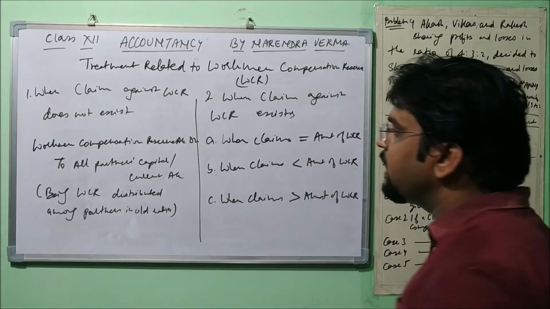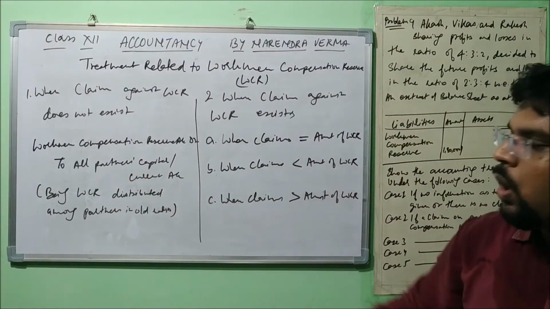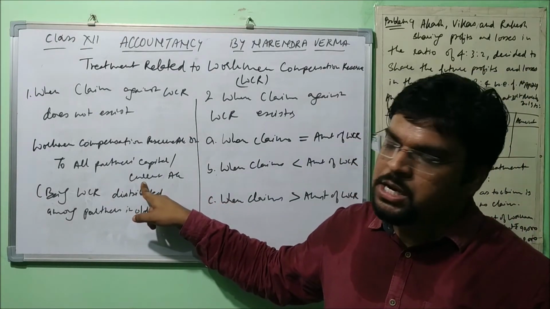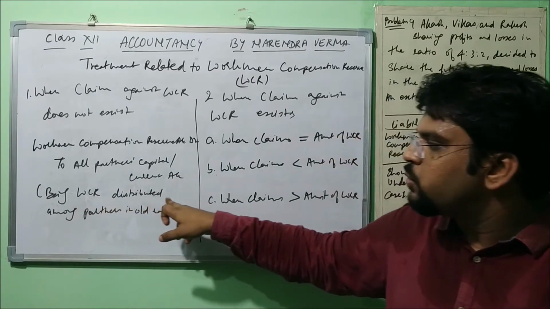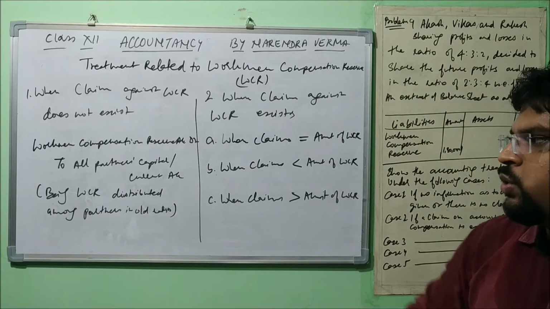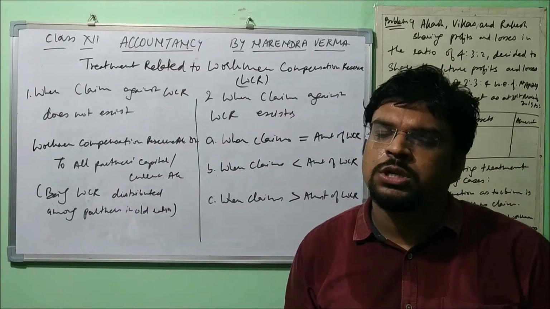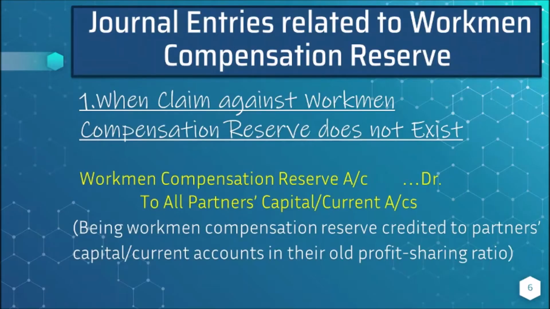Workmen Compensation Reserve account debit to all partners capital or current account, current in case of fixed capital method or capital in fluctuating capital. Understood? Being WCR distributed among partners in old ratio. This is very simple because there is no claim. The entire amount will be distributed among the partners. Understood?